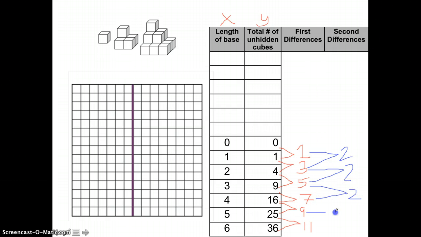I do 9 minus 7 and I get 2. And then I get 11 minus 9, which is also 2. Oops, I don't know why I put a 3 there. That's a 2, sorry. So all of our first differences were different, but our second differences were all 2. They were constant. They were all 2.